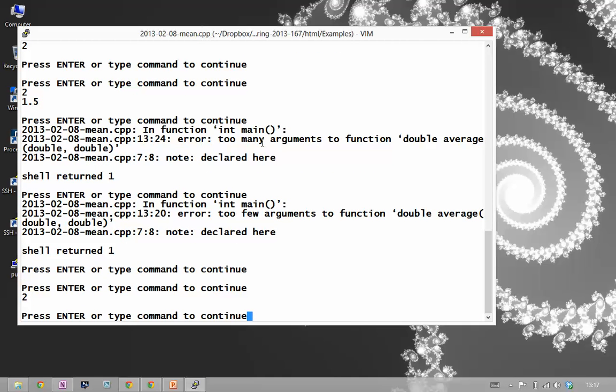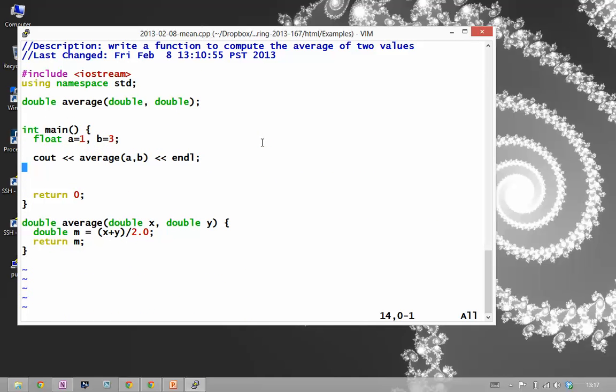And it appears to work. So this is an automatic type conversion, and it's such a safe type conversion that you don't even get a warning, right? You can never lose information by converting a float to a double.